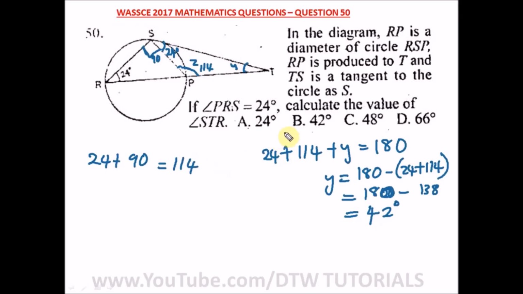And our right answer is option B. So please try to revise your circle theorems, and remember that alternate segments are equal. Also one important one is your exterior angle is equal to the sum of the two opposite interior angles. All right.